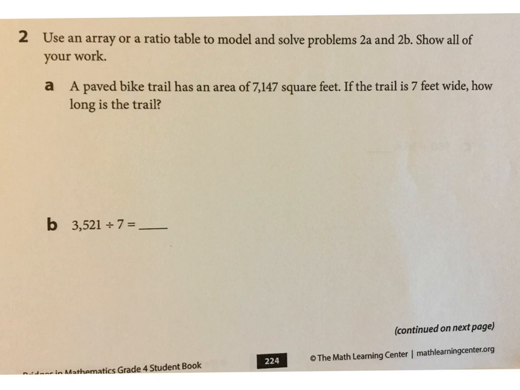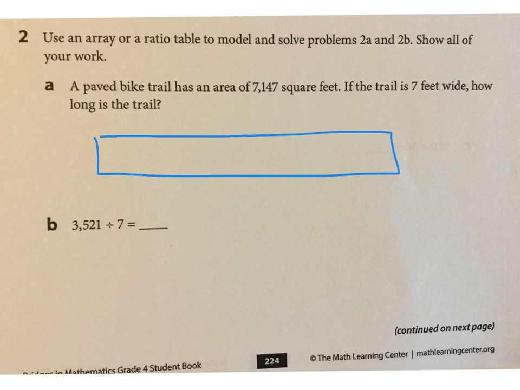And so we've got a long trail, and we know that it's 7 feet wide. And the area is 7,147 square feet. And so we're trying to figure out how long it is.